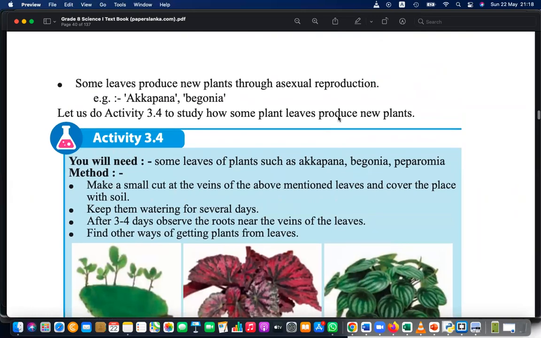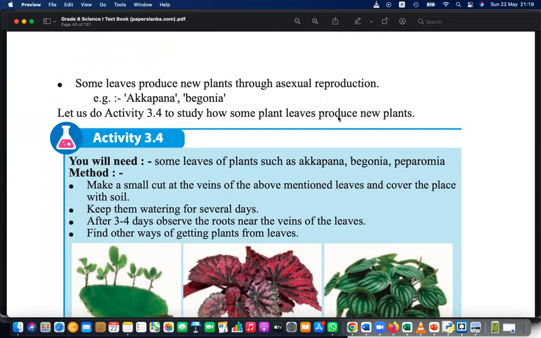And one very important thing about Akapana or begonia is that it can reproduce. That means small baby plants can grow from the leaves. Wonderful, right? Normally you know that a flowering plant will grow from seeds, or from flowering, or non-flowering plants can grow from the stem or branches.